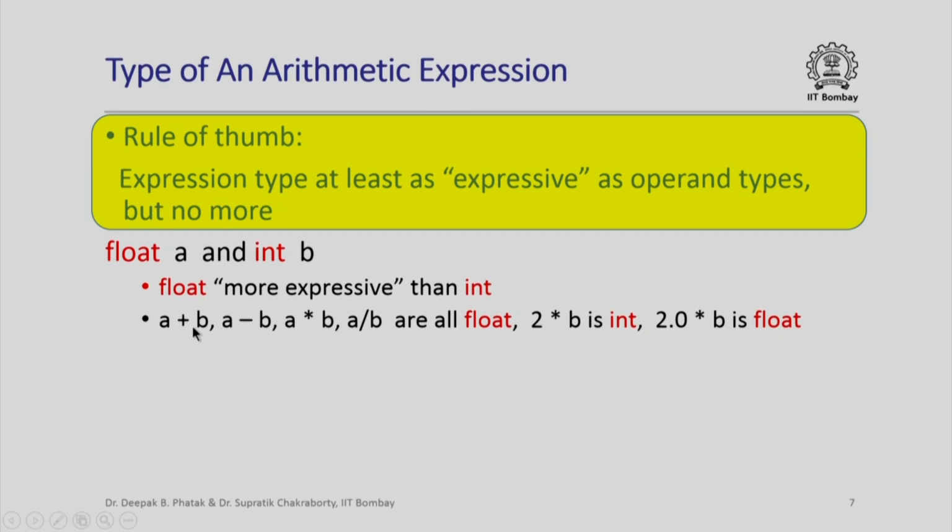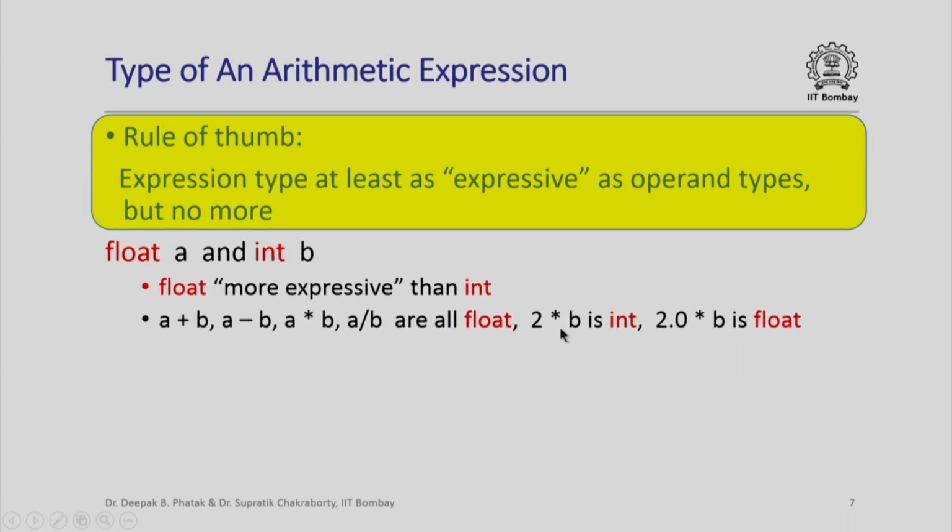So the type of the expression must be at least as expressive as the types of operands. In this case it must be at least as expressive as float, and it need not be any more expressive than what is required by this rule. So the type of all these expressions is going to be float.